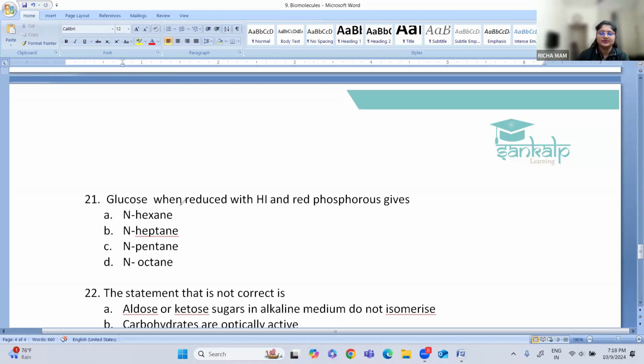What is the answer? It is N-hexane, right? The glucose structure consists of 6 carbons. So when you reduce it with HI, hydrogen iodide, in the presence of red phosphorus, it gives you N-hexane. So option number A.